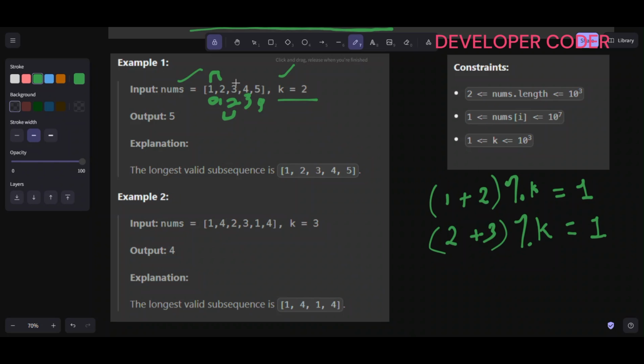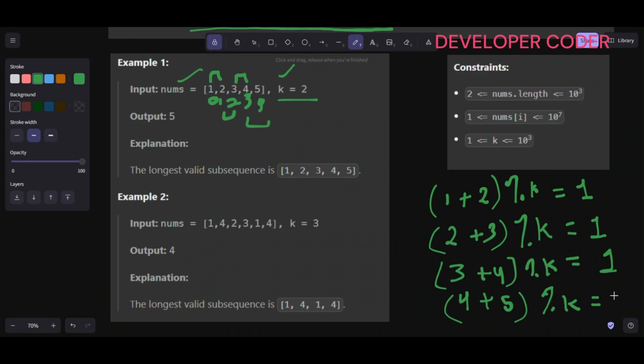Then if I pick 3 and 4, 7 modulo 2 is 1. And same way 4 and 5: 4 plus 5 is 9, and 9 modulo 2 is 1.